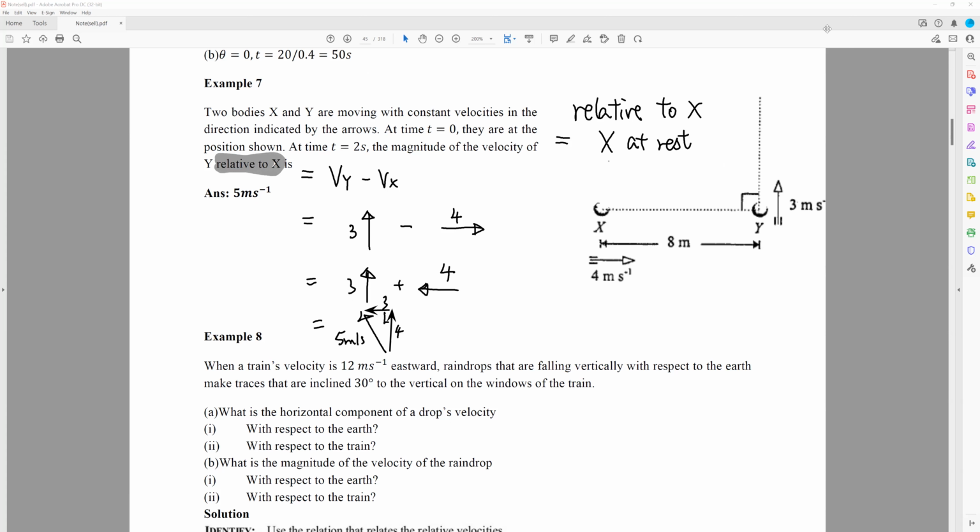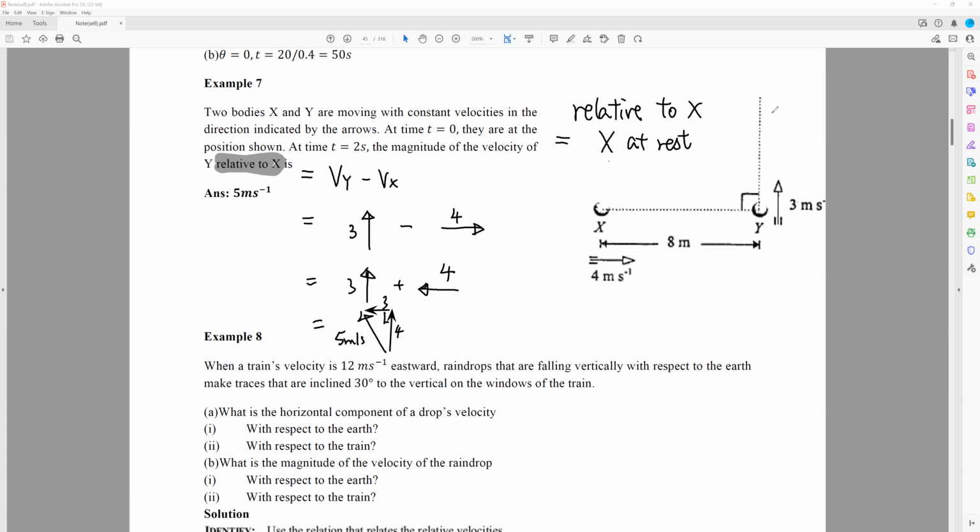Why? Because if you're looking at yourself, do you think that yourself is moving? You measure the distance from you to yourself, it will just be zero all the time. You will just consider yourself to be at rest.